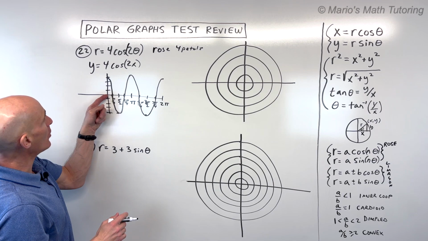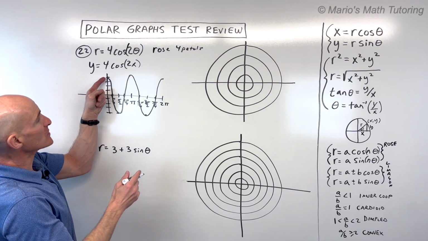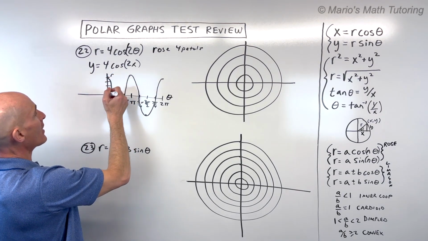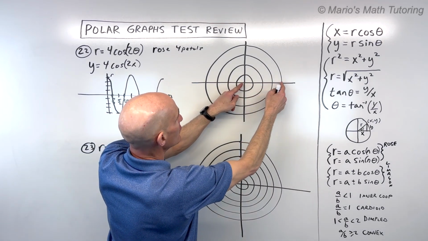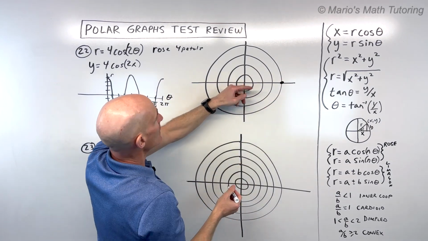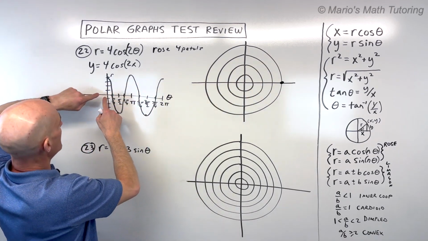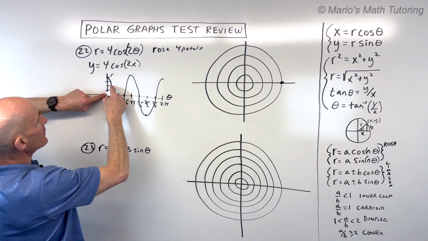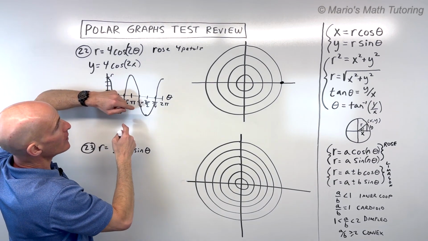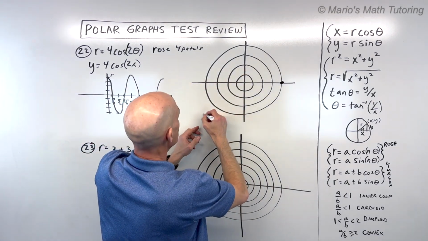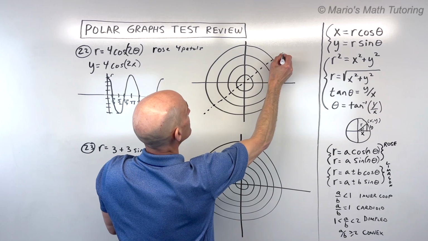So at 0, our r value is 4. So I'm thinking this is theta and r. At 0, the r value is 4, so 1, 2, 3, 4. I'm going to start right here. Now as I rotate, as my angle gets bigger, see how the r value gets smaller, smaller, smaller, until we get to pi over 4. Let's draw that pi over 4 line in here.